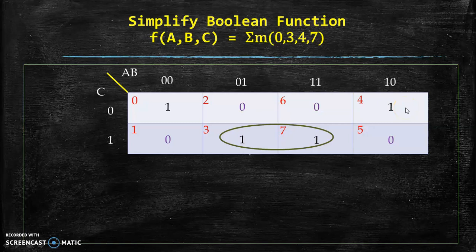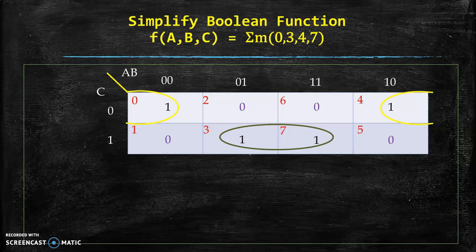Two ones remain. Instead of going for an individual or single group, we should prepare a pair with the wrap-around condition. We can wrap around the corners, or the left extreme column and right extreme column. So this can be a pair.